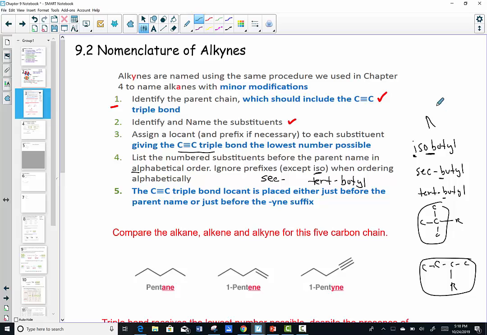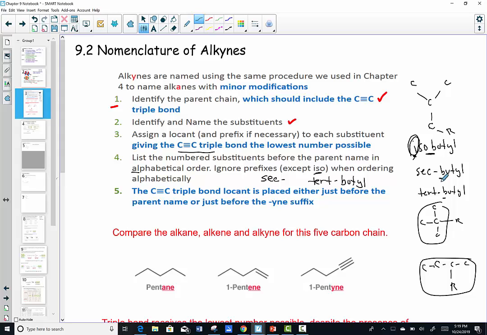And with isobutyl, you have this carbon branching out at the end, and the R group would be numbered 1, 2, and then a branch at the end. That's the iso functional group. And we do indeed alphabetize by I for iso, but we go with the butyl for sec or tert. Just a reminder from a previous lesson.